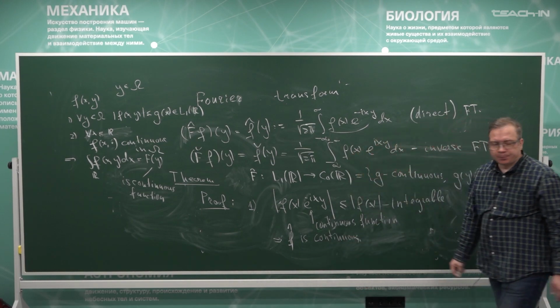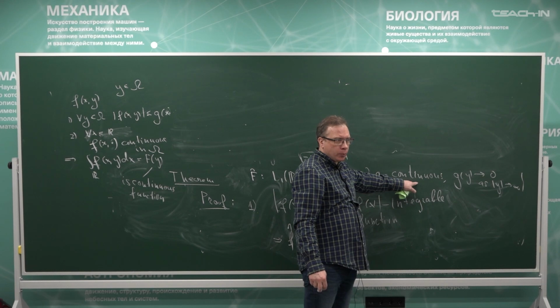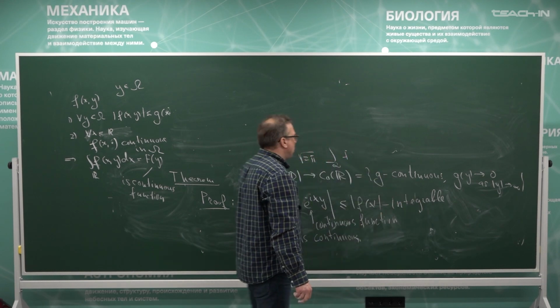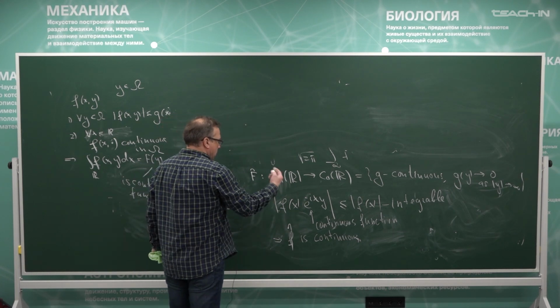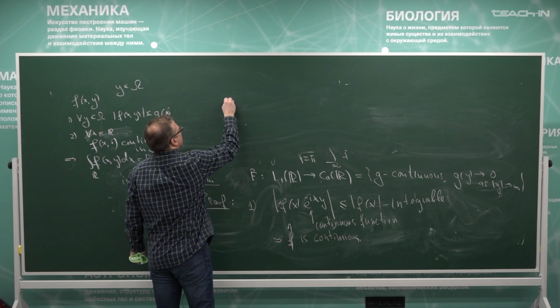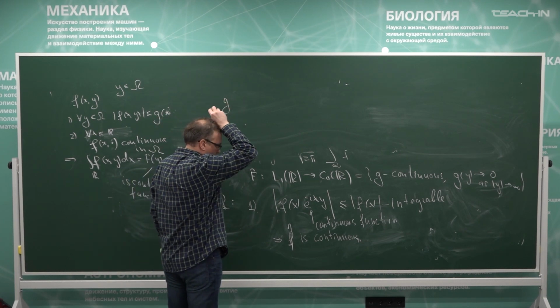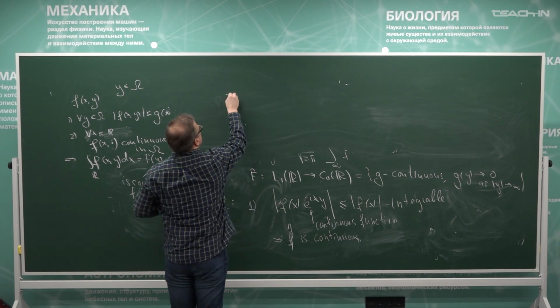Is continuous. So why is this property valid? Why does it go to zero? Let's again see what we can do. If we consider two functions, second.